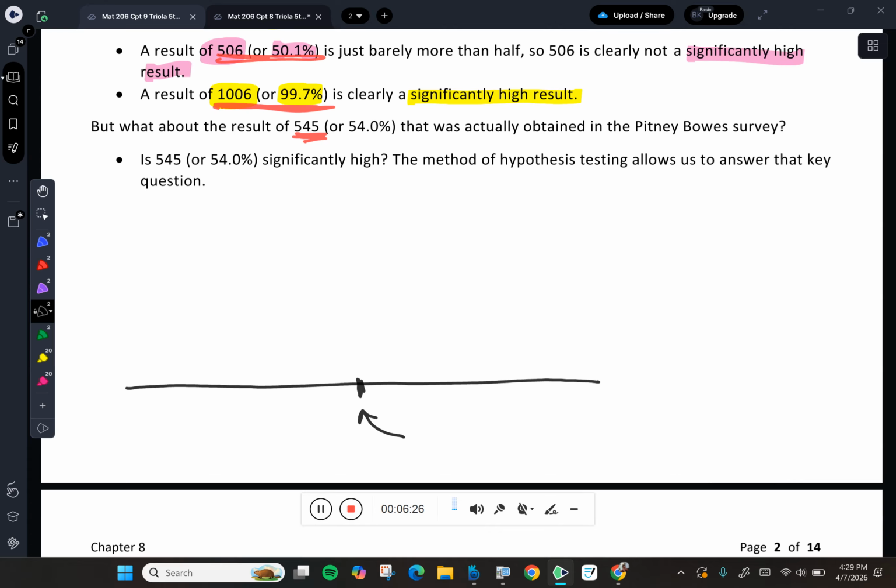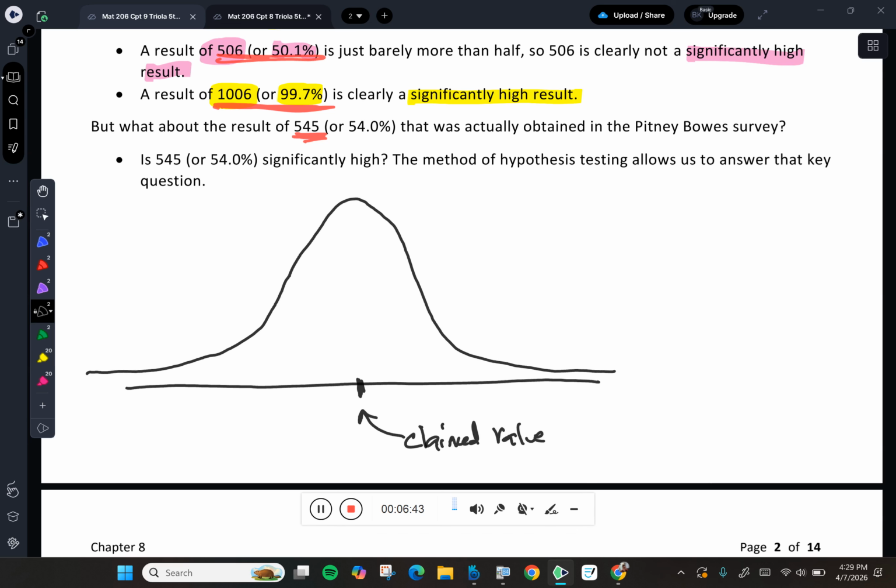So this is going to be our claimed value. We're going to assume that that value is true, and we're going to build a sampling distribution around that claim. We're going to say, if that value is true, our sampling distribution should look like this.